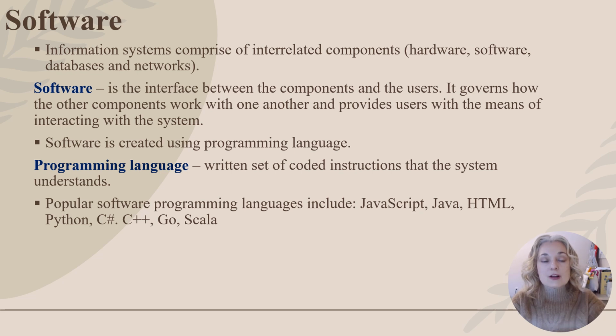Software governs how other components work with one another, and provides users with a means of interacting with the system. And software is always created using programming language. A programming language is a set of code instructions that the system understands. And there's many programming languages out there. They include JavaScript, Java, HTML, Python, C++, Go, and Scala.